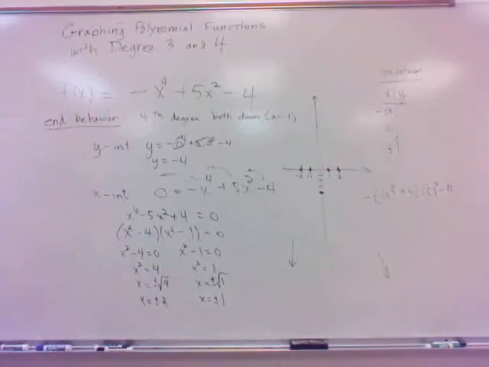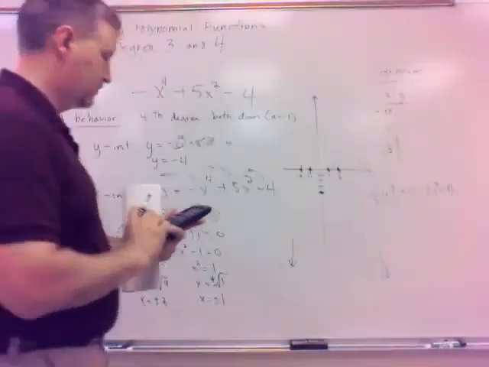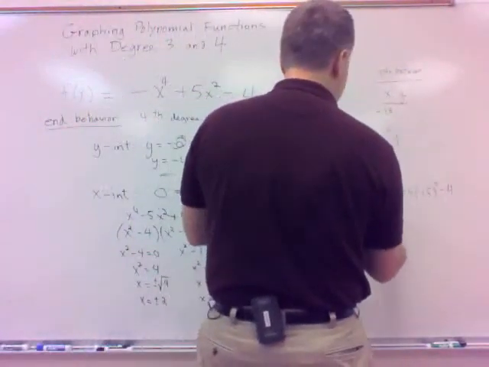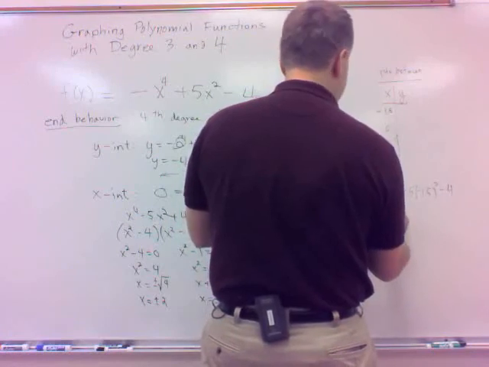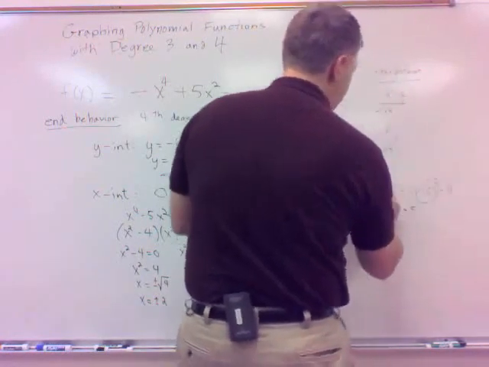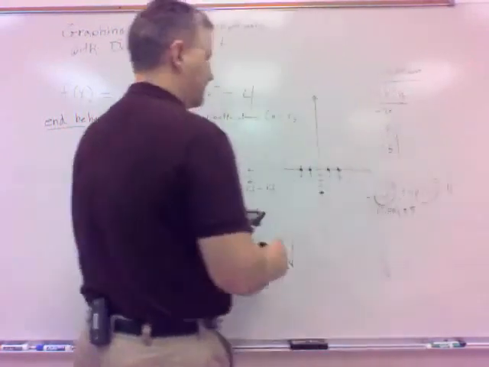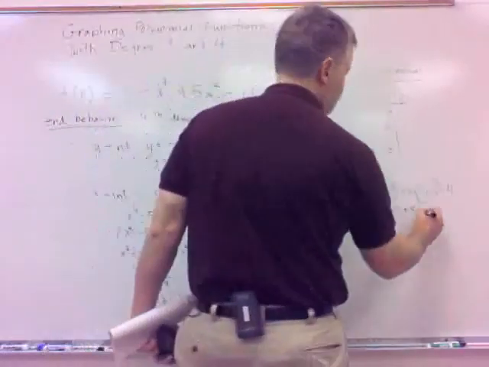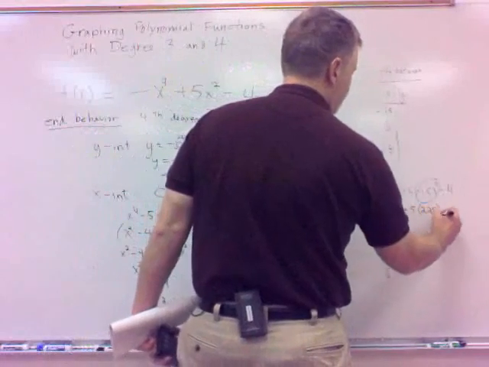Let's see, negative 1.5 to the 4th is 5.0625. So it'll be negative of 5.0625. Again, we're fourth powering and squaring first. The exponents come first. Negative 1.5 squared is positive 2.25.